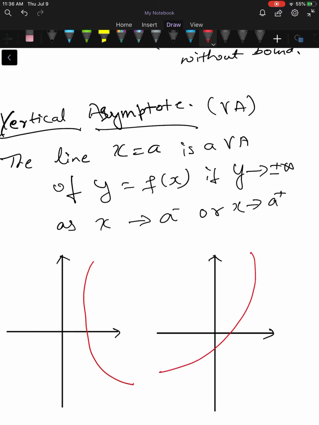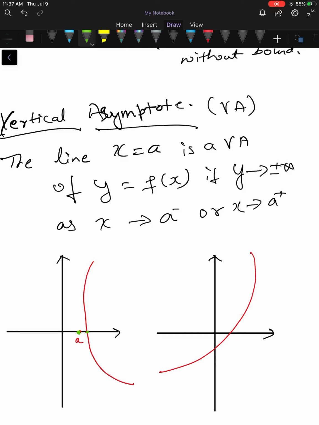Okay, so you can see what is happening to the y value as we approach a. I will mark it in green. From this value to a, there is a substantial rise in functional values.